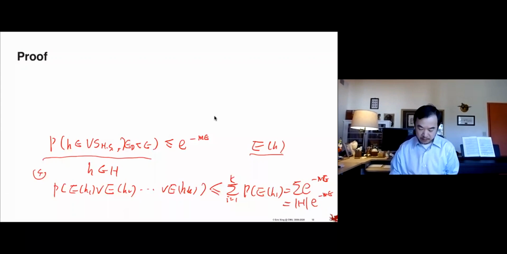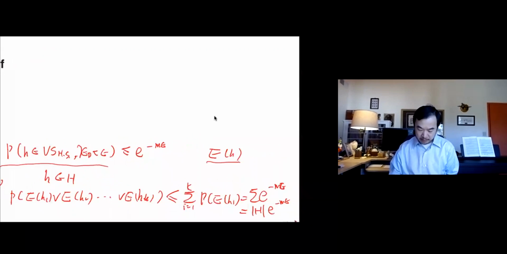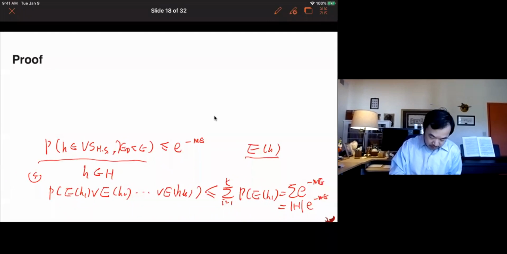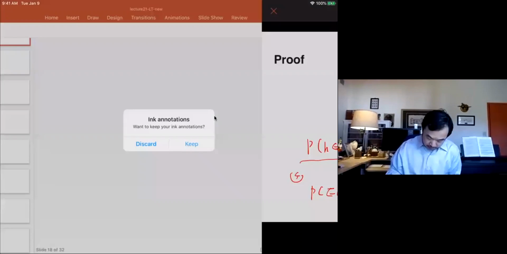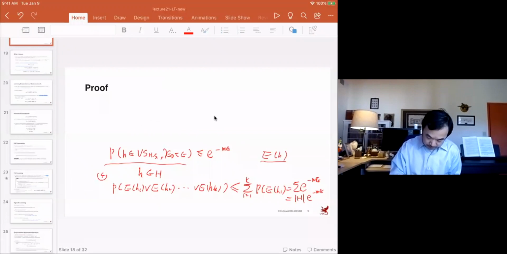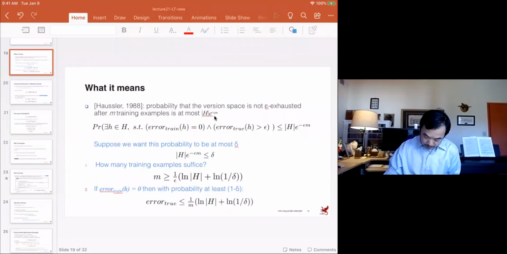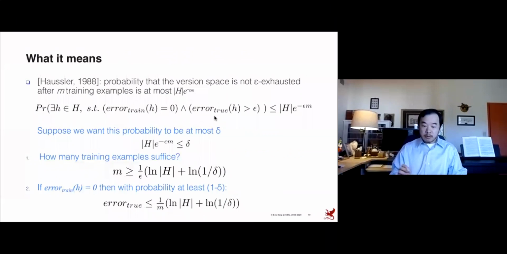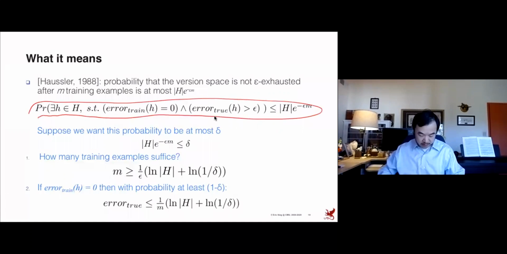Maybe I should flip to the next page. You can see where we are arriving. Okay, so what we see just now being proven is basically this property. It's Haussler's very famous PAC-learning bound.